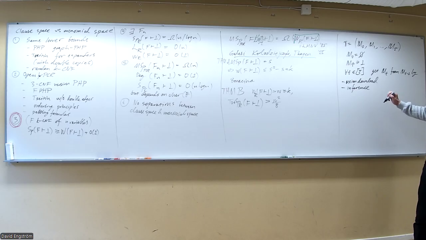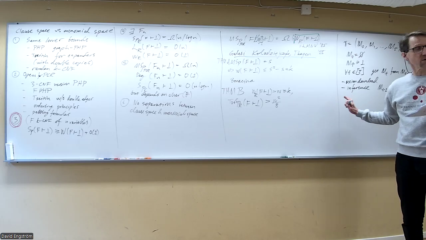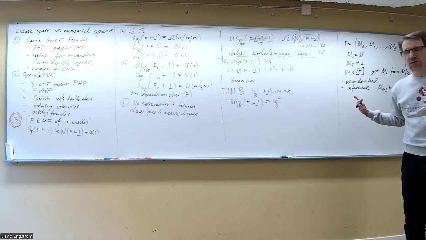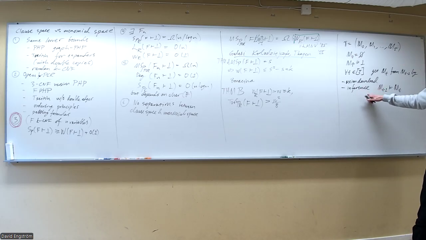We'll be very relaxed. In everything we do today, the only thing we're going to use about inference is that it is semantically sound. This is also a general feature, as we talked about before. Almost all of our space lower bounds will hold in the setting where we just use that things follow semantically.